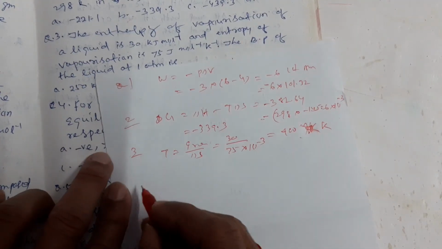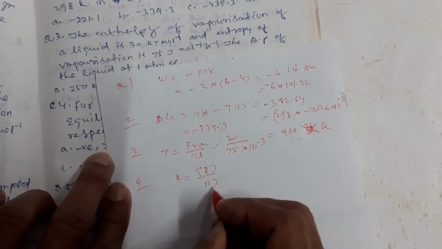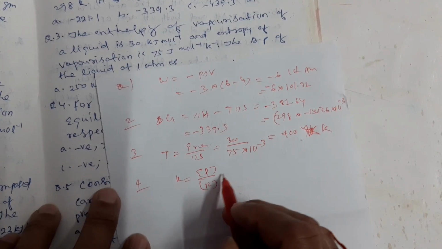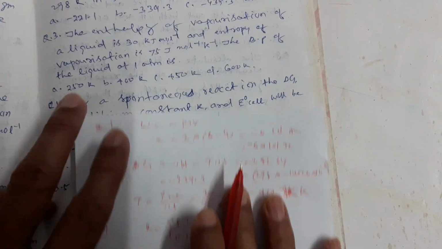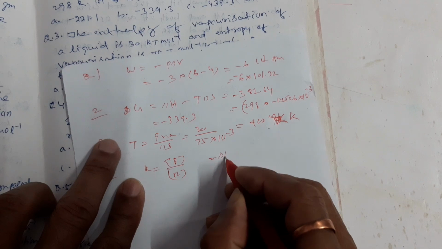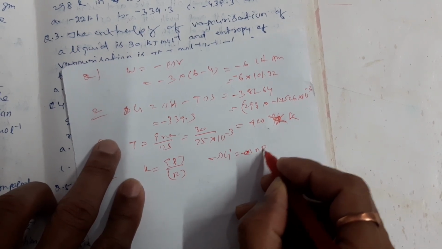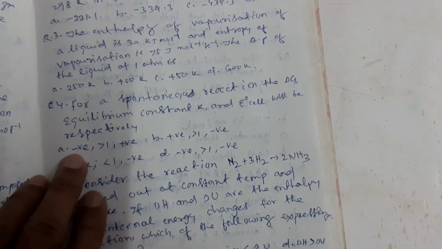K is equal to product concentration by reactant concentration, so gradually products are increasing, therefore it is greater than 1. And E cell is related by delta G is equal to minus nFE0, so it is also positive. So choice A is the correct answer.